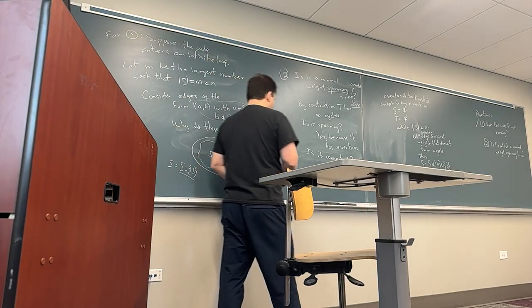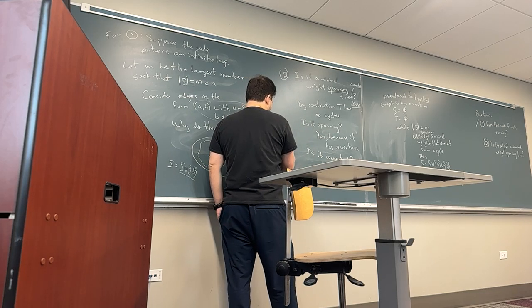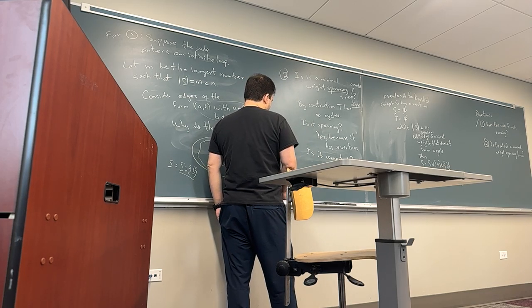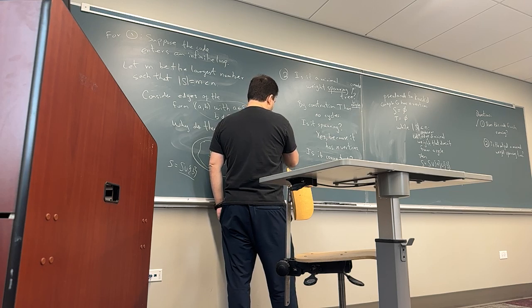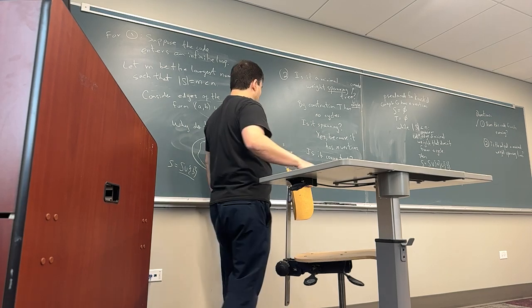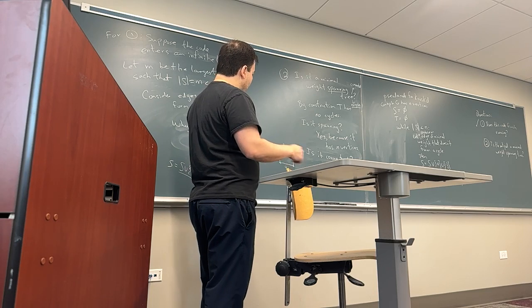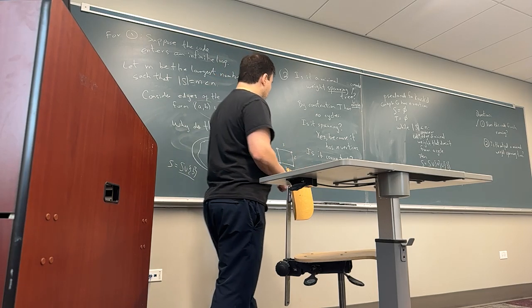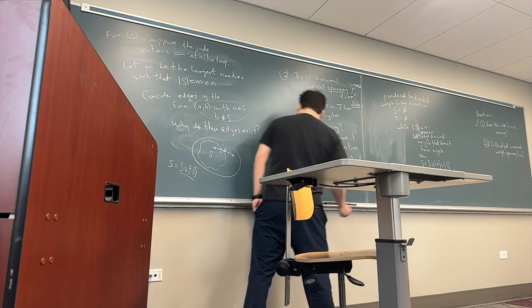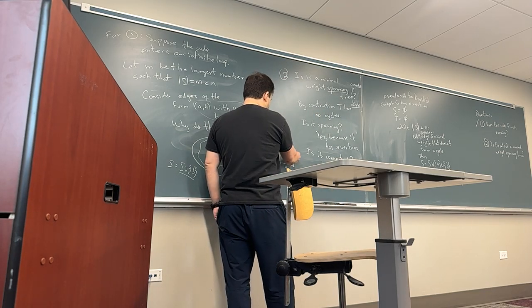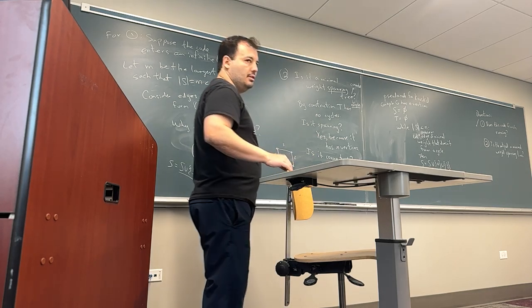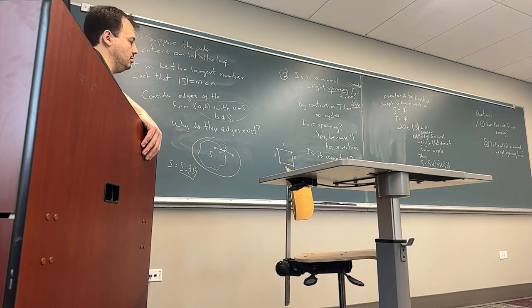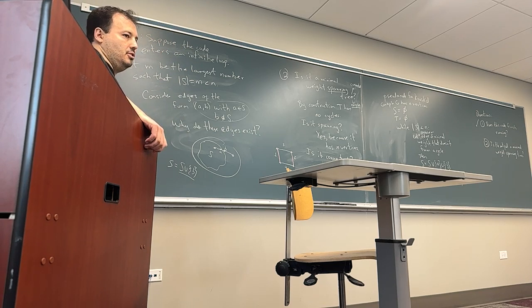I'm thinking of something like, so if you have that graph and you follow Kruskal's algorithm, that just gives you these, right? And that's not connected. We're done.